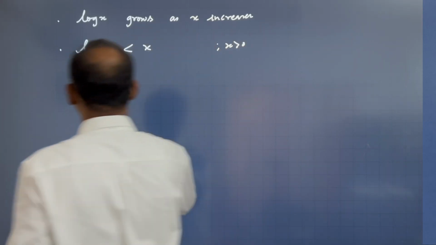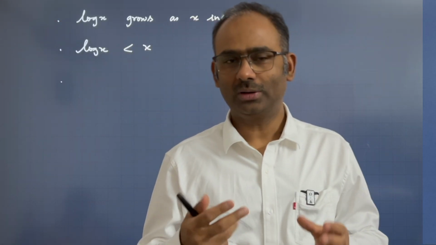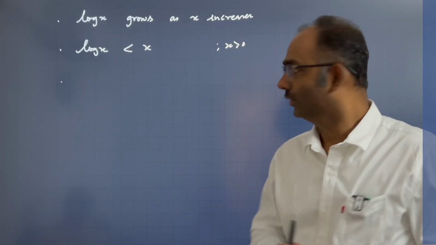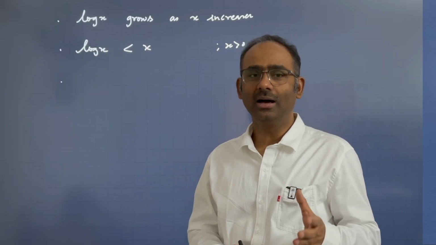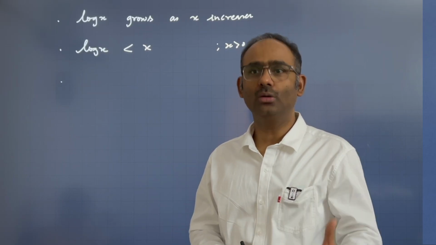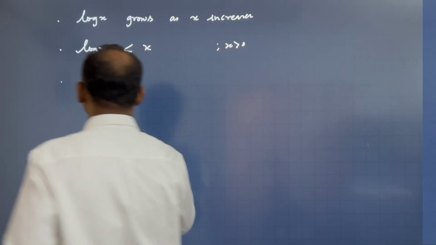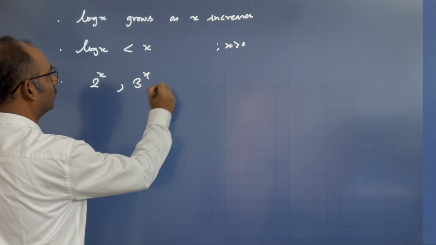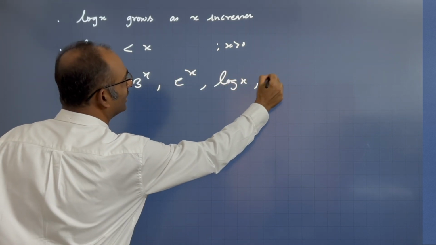Now we will compare a few more functions and how they grow. What's the relative growth? Not quantifying it, but knowing the behavior. So I want to take some exponential functions and compare how they grow as x becomes large. So I want to know, for example, how 2 power x grows, how 3 power x grows, how e power x grows, how log x grows, how x grows.